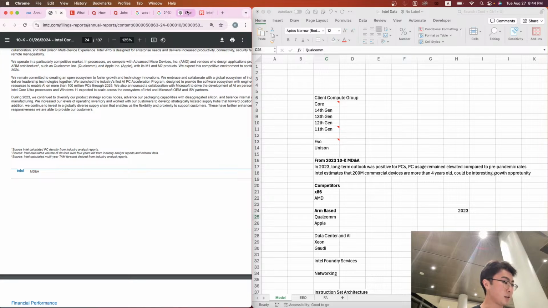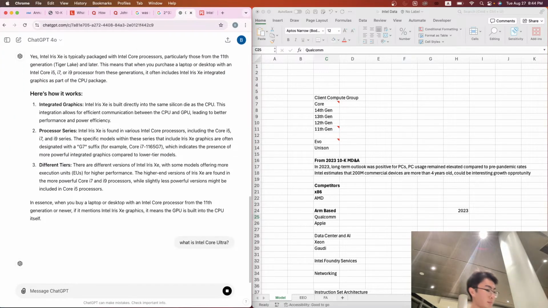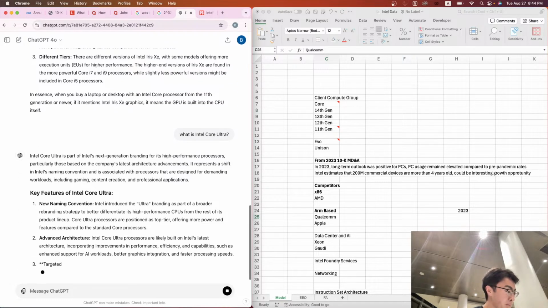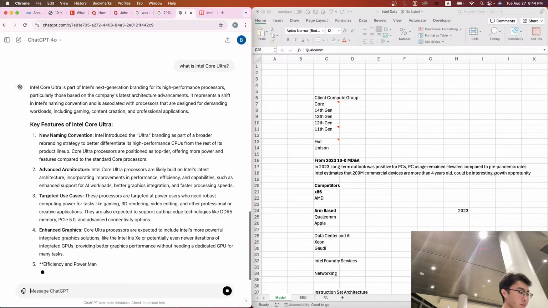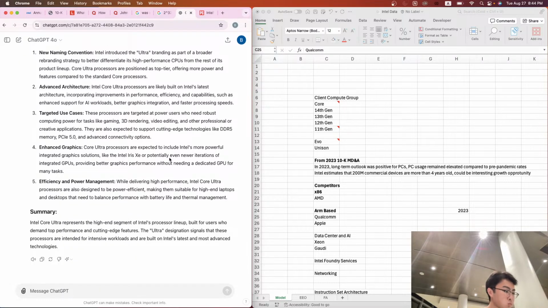Okay, yeah, what is Intel Core Ultra? What is Intel Core Ultra? Ooh, okay. So DDR5, I think this is the double data rate 5 memory. I think Micron ended up coming out with this pretty recently. Maybe it's the sort of next standard.